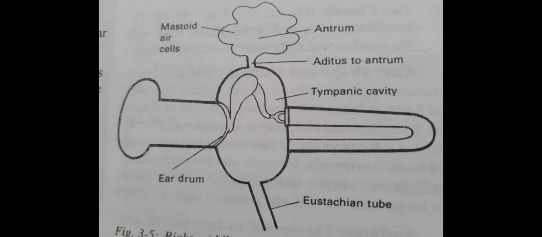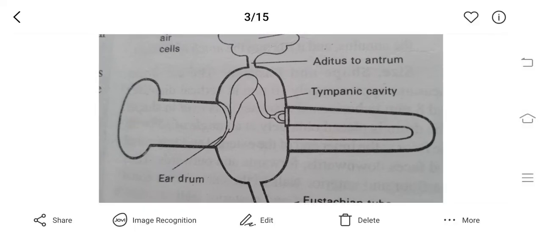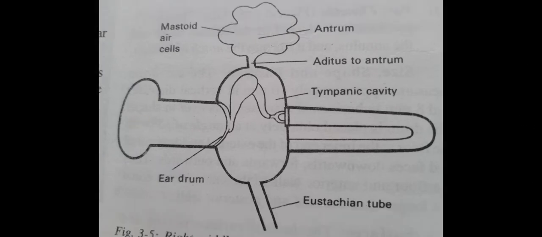The pinna is formed by yellow elastic cartilage and that is covered with skin. So this is the pinna. The skin and the perichondrium are intimately adherent to each other.